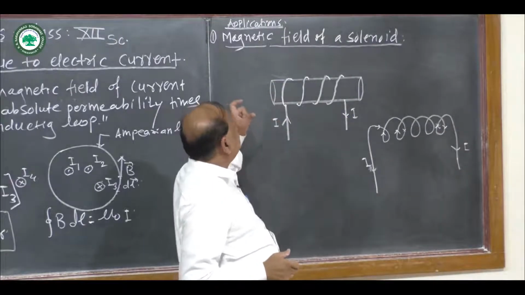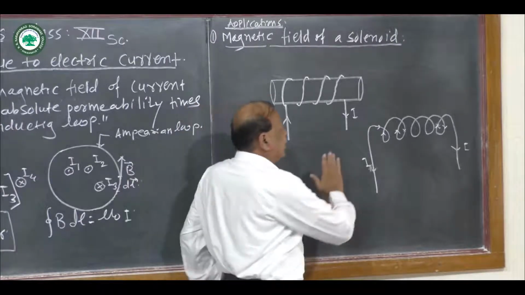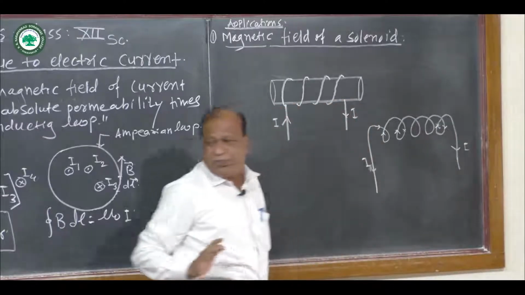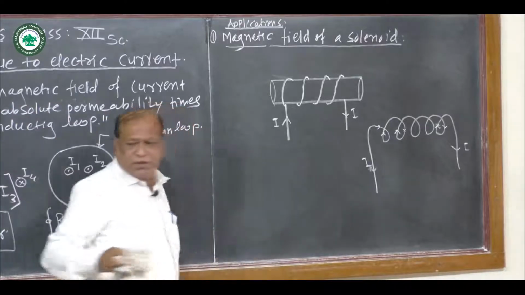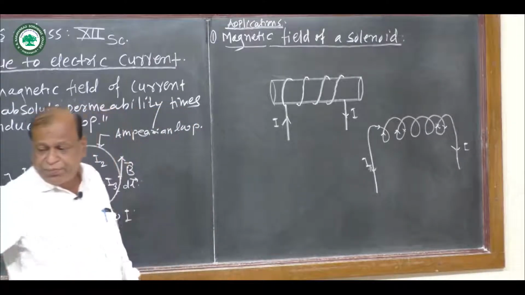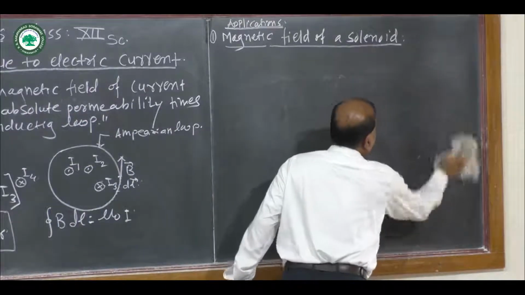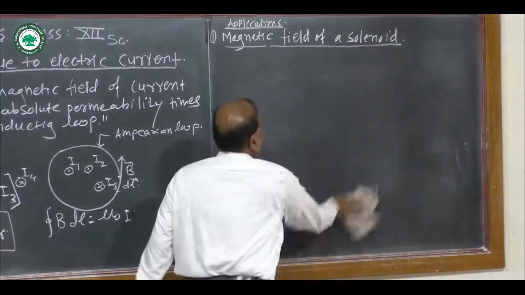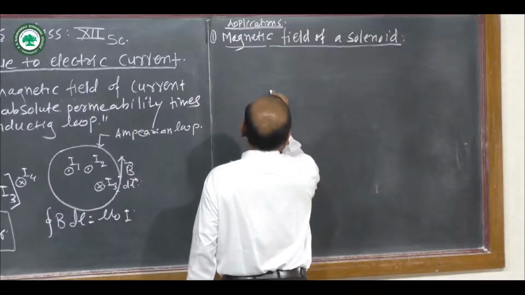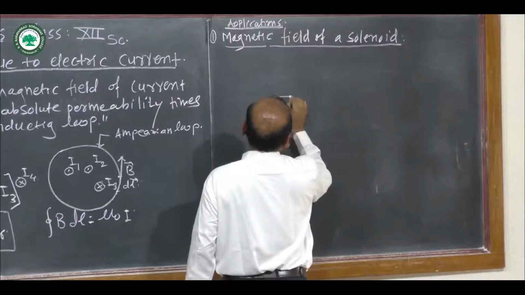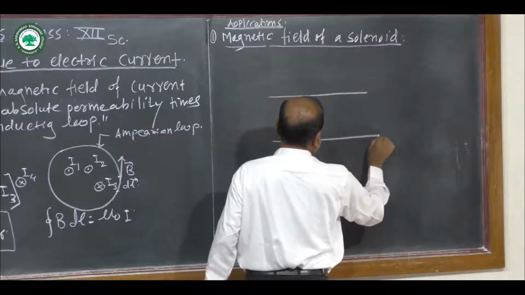For simplicity, to find the magnetic field of a solenoid, we take the horizontal section of this solenoid, and the structure of that solenoid we draw here. This is the horizontal section.